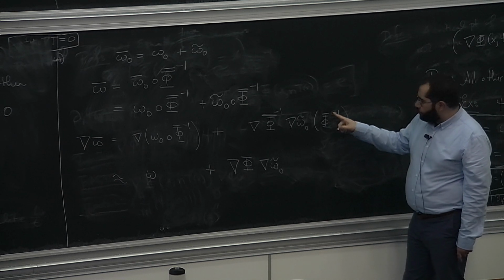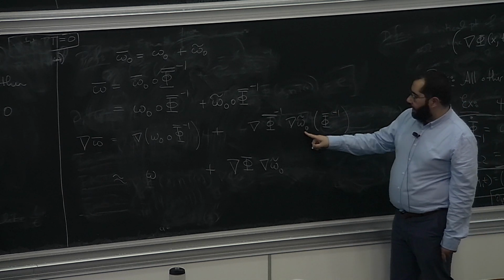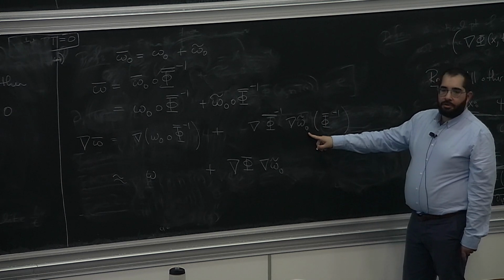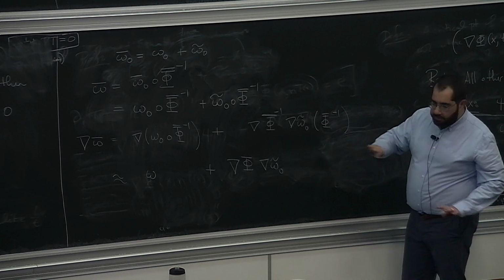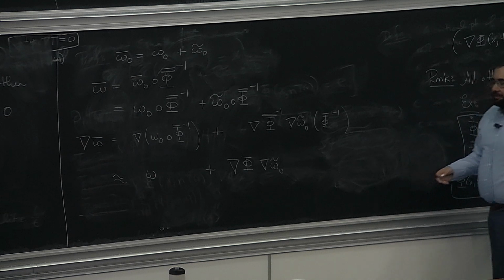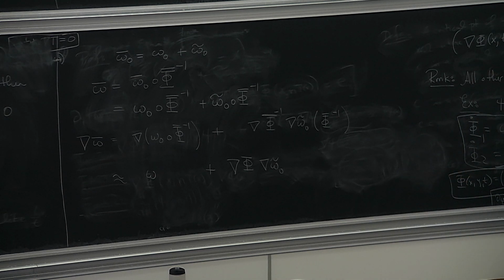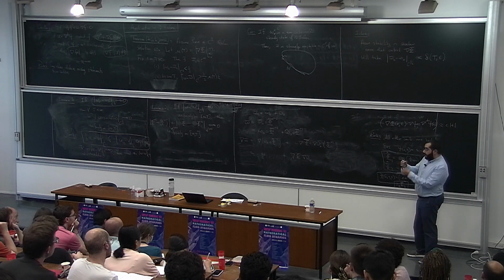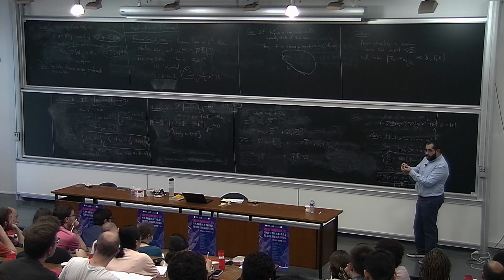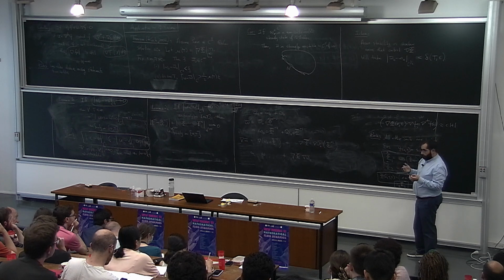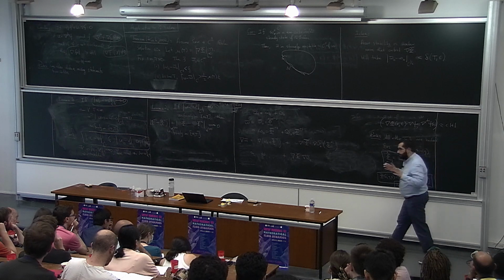If I tried to remove the bar, I would have to use higher regularity of gradient omega 0 tilde, which would kill me. Because if C1 is epsilon, C1 half is very, very small, then any regularity higher than C1 will be huge, just by interpolation.